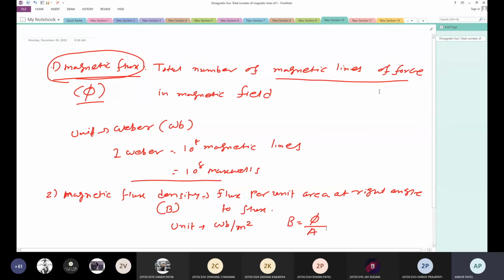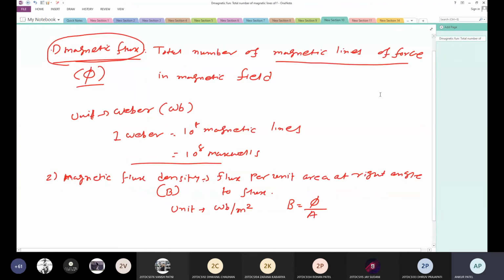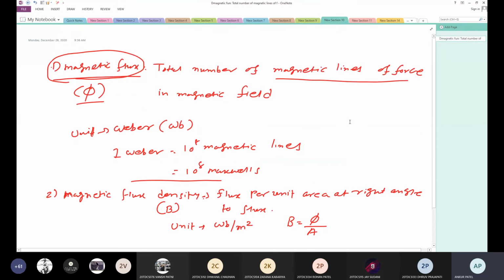Up to this, we are going for the DC portion, but from unit 5, we'll go for the AC portions. So in AC portions, the fundamental concepts or the equations for voltage, power, current are going to change.